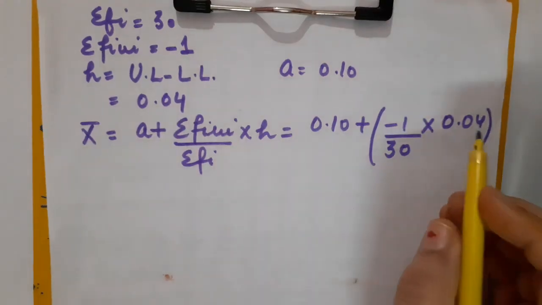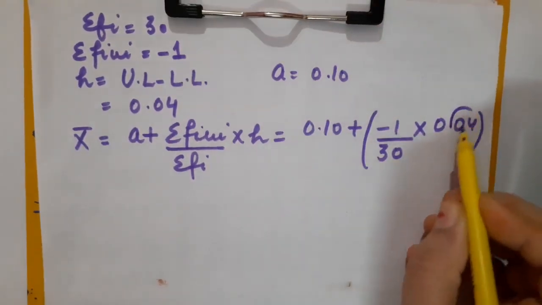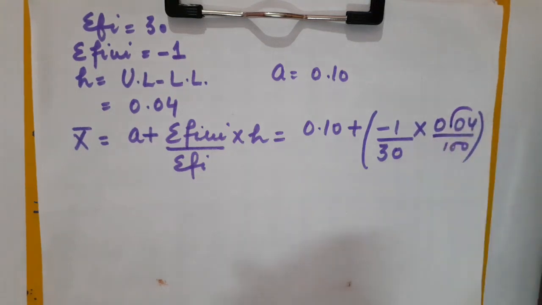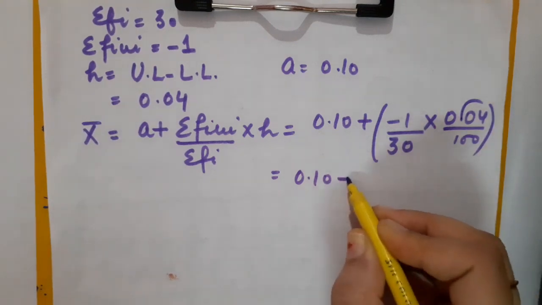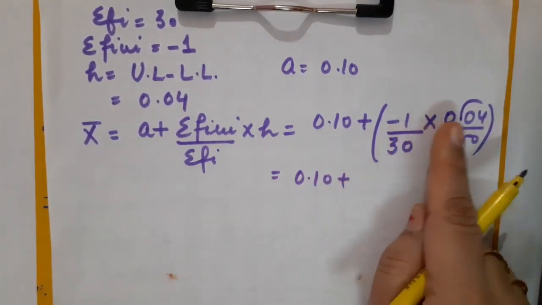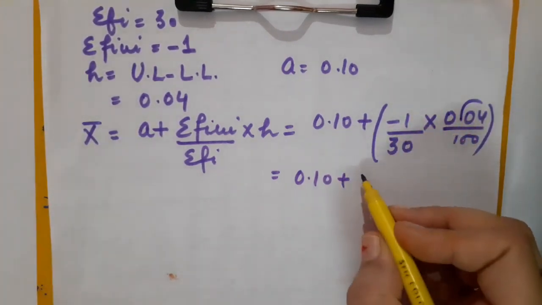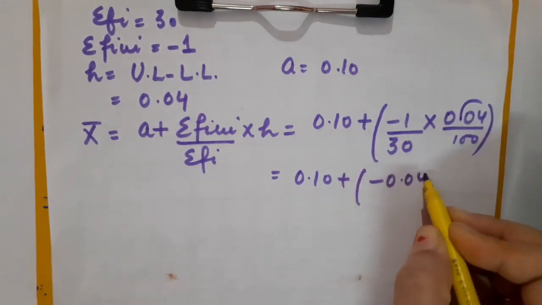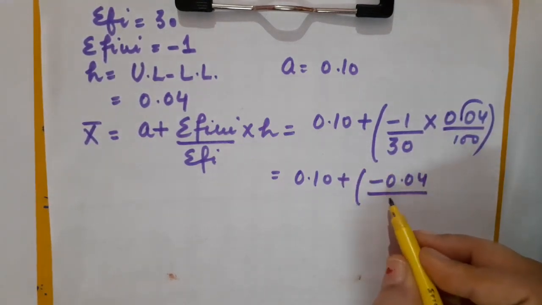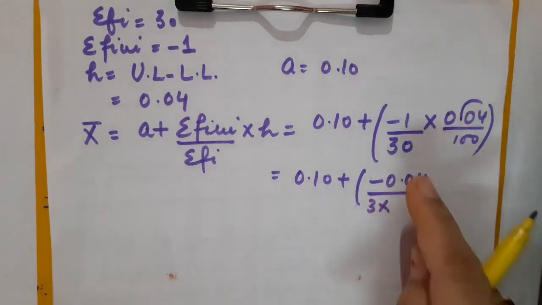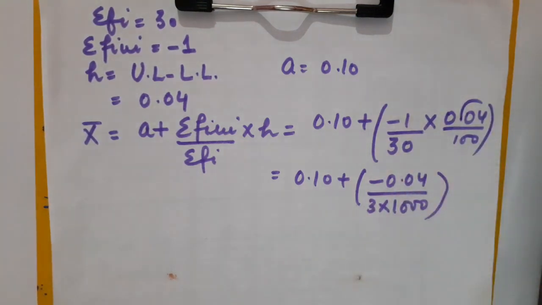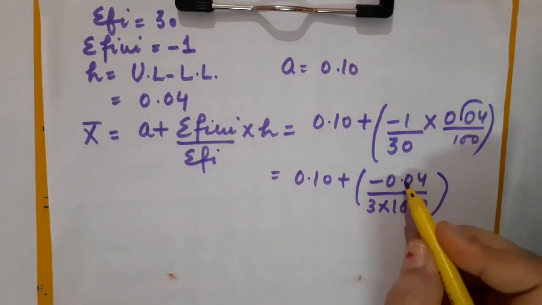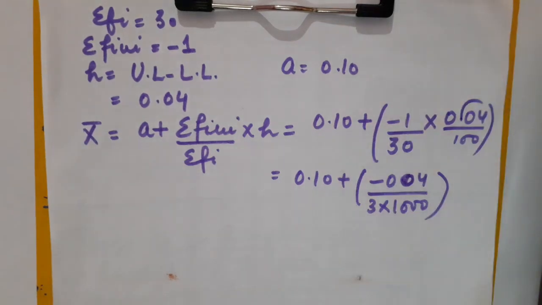So children, now I will be removing the decimal. When I removed the decimal, I have got 100 over here. Correct? So I have got 0.10. This is plus. Now minus 1 into 0.04 will give you minus 0.04. Correct? Into 30, you can write it as 1000, because this decimal is removed, so it will become 004, that is 4 only.